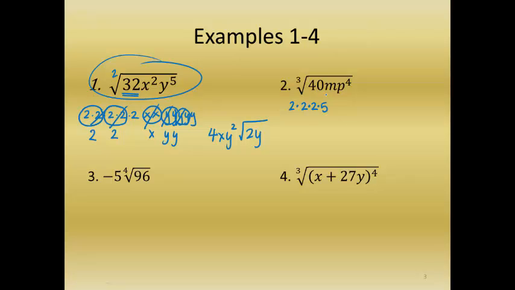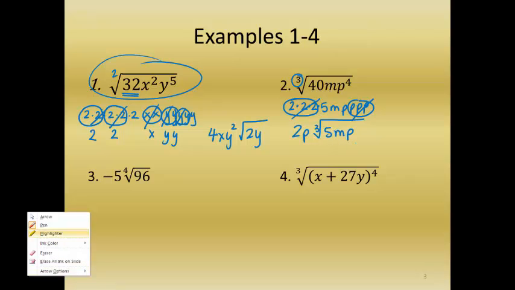So there's my prime factorization. Then I have an m, and I have 4 p's. Since I'm working with a perfect cube, I need to be looking for groups of 3. So there's one of them, and here's another group of 3. So on the outside, I have a 2p, and on the inside of my cube root, I have 5mp.